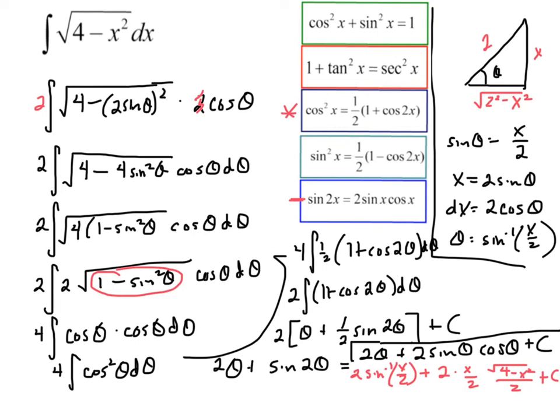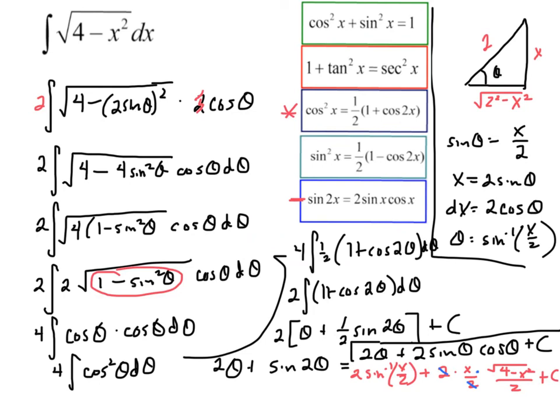Now, I am completely out of room. I really pushed this. So let me just tell you the simplifying I would do here: I cancel these 2's out. So then I guess it's not too bad. I would move that x over to be the product, and I'd have x times the square root of 4 minus x squared all over 2. So my final answer is 2 inverse sine of x over 2 plus x times the square root of 4 minus x squared all over 2 plus c.